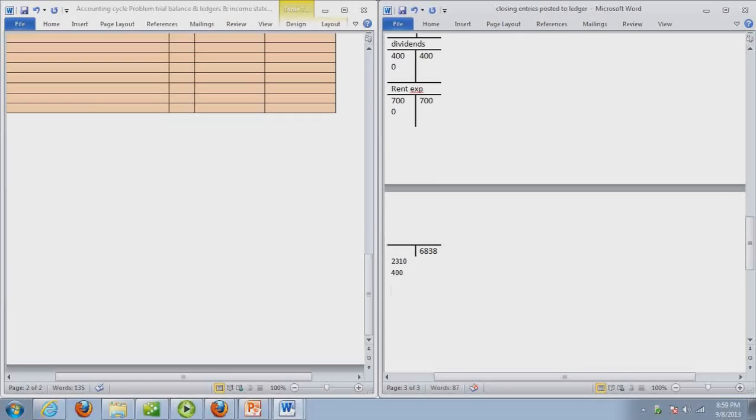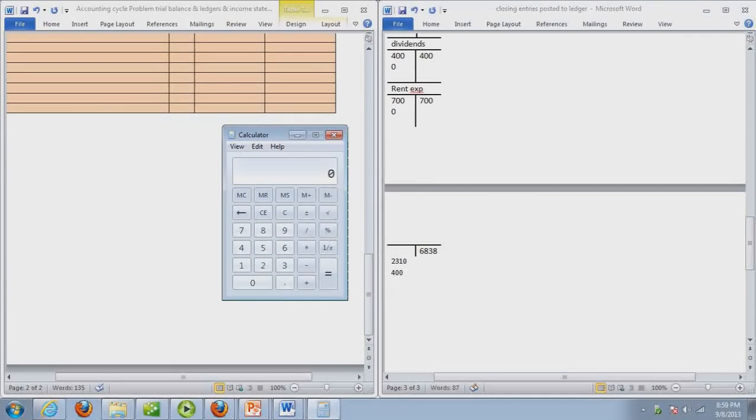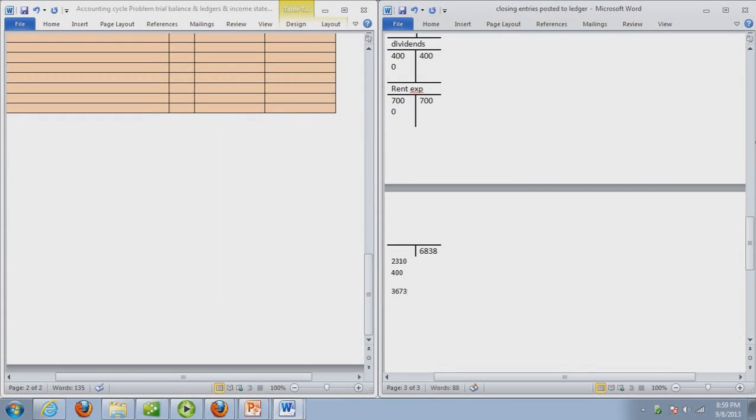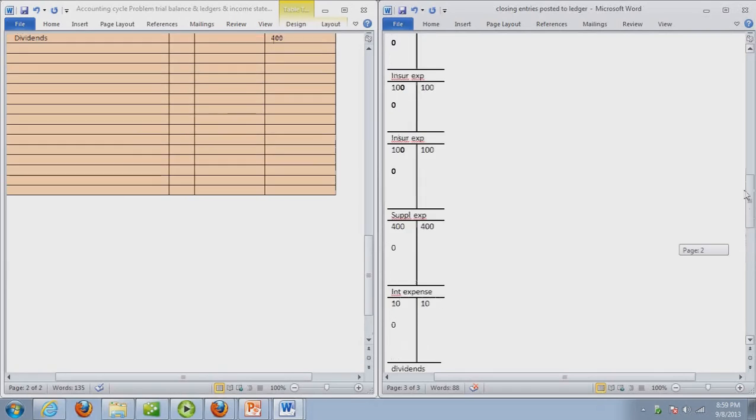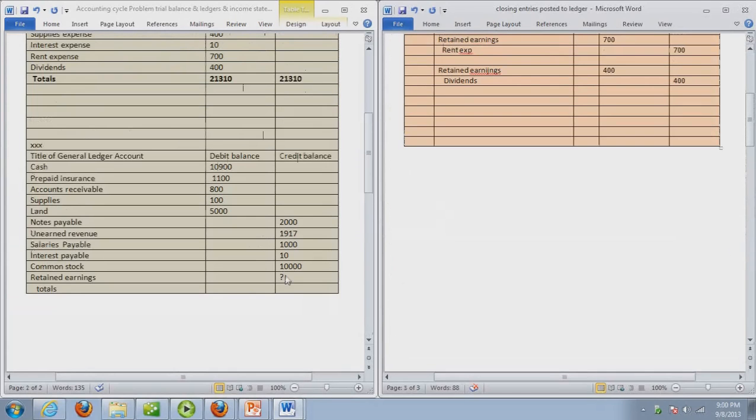And so if you do the math for this, we have 6383, which is the revenue, less 2310, and less 400. So the last T is 3673. 3673 is the balance. So let's plug that in there and let's hope for the best.